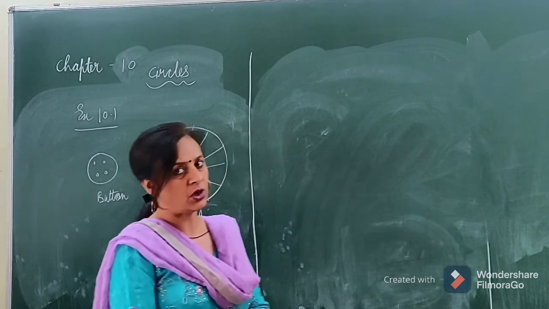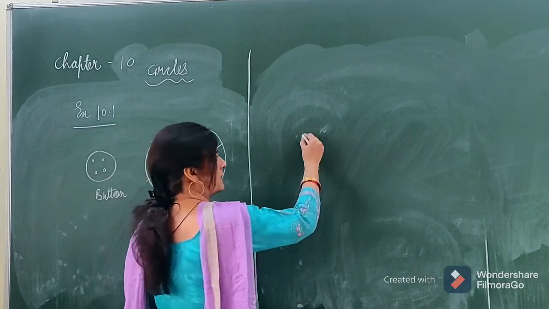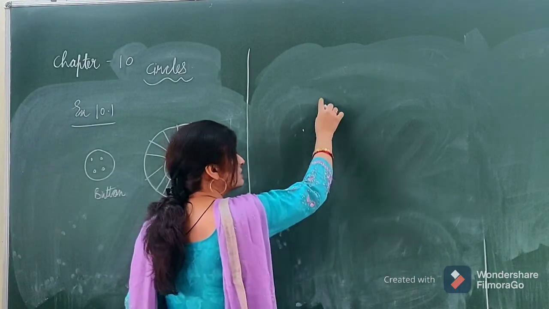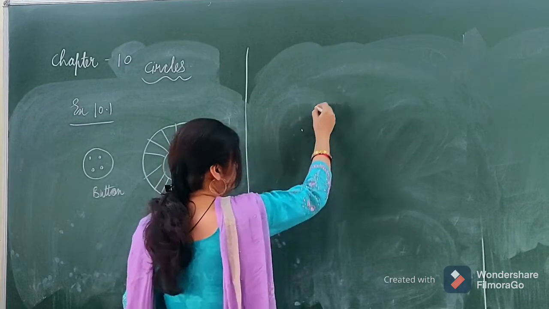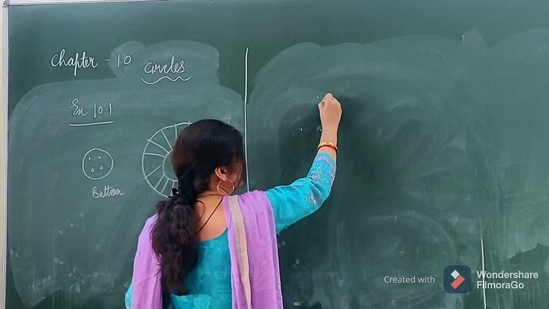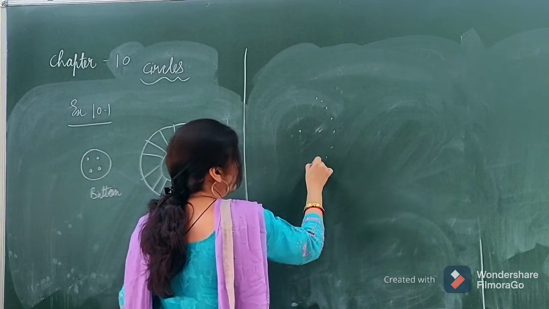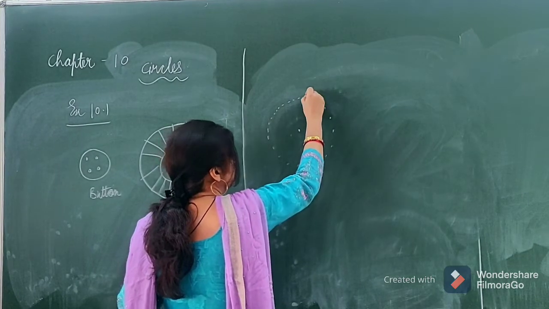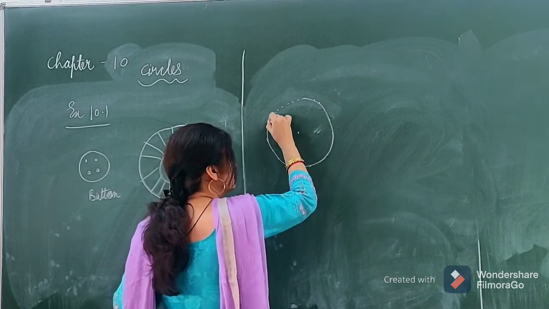Now the question is, what do you mean by a circle? If I take a fixed point and a collection of points which are at a fixed distance from this fixed point, say I take these points which are at a distance of 5 centimeter, all these points are at a distance of 5 centimeter, and if I join them, I will get the circle.